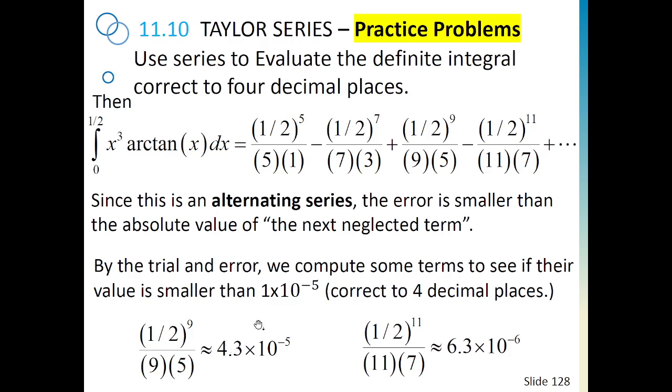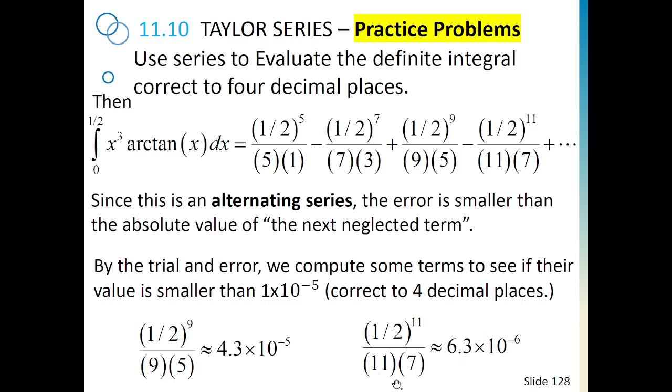So let's see what happens if I evaluate this term. The value is 4.3 times 10 to the power minus 5, so that's not good enough. I need 1 times 10 to the minus 5. If I take the next term, it is 6.8 times 10 to the power minus 6, that's good.